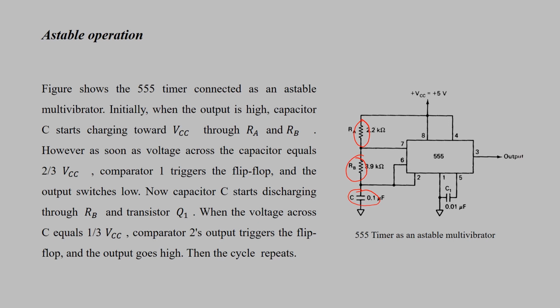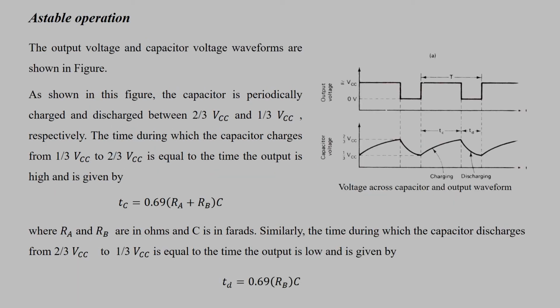The output waveform and the capacitor voltage waveforms are shown in the figure. This is the charging and discharging of the capacitor. For Tc duration the capacitor is charging and for Td the capacitor is discharging. The capacitor is periodically charged and discharged between 1/3 and 2/3 of VCC.